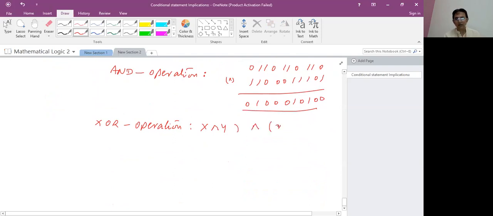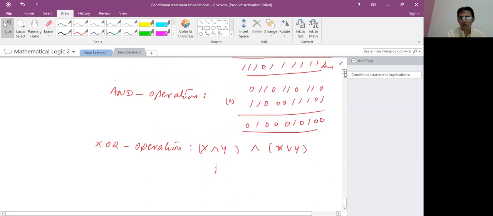The first result is when we apply the OR operation, and when we consider both results, we write 1110111111. This is called x or y.